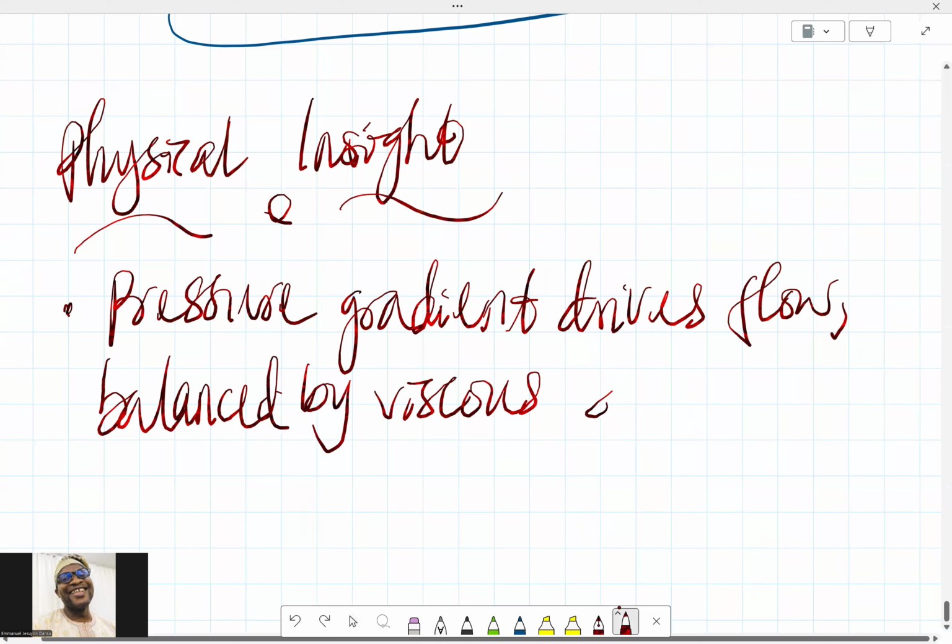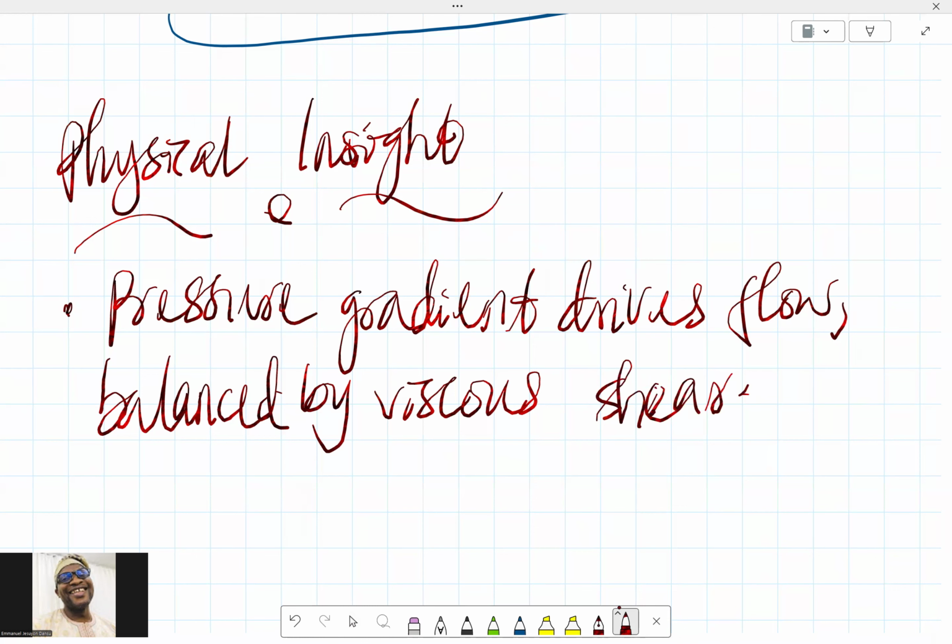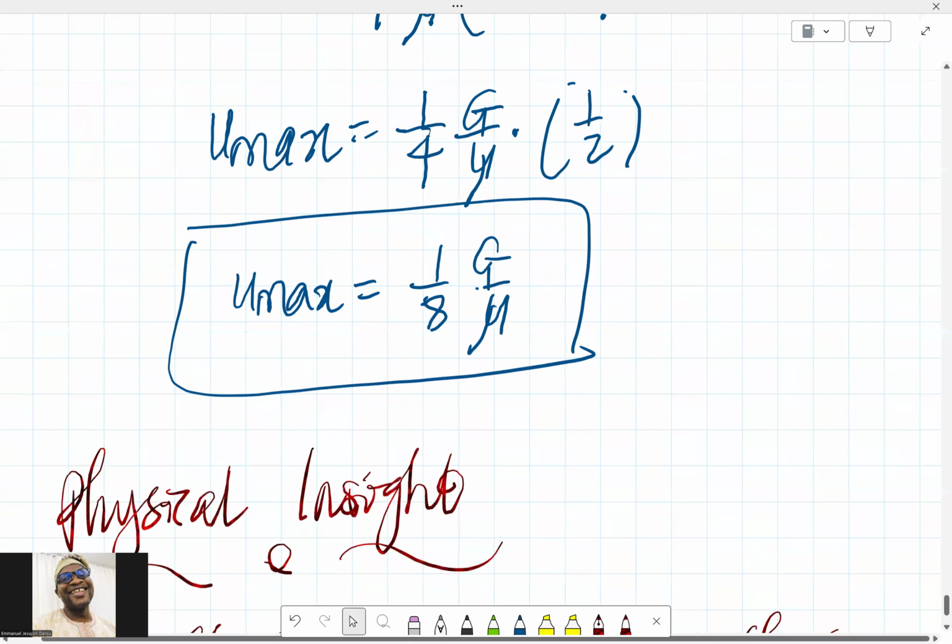Viscous shear, not sharing like sharing. Shear here is more like tearing something in a fluid, like you're breaking things apart, sort of.